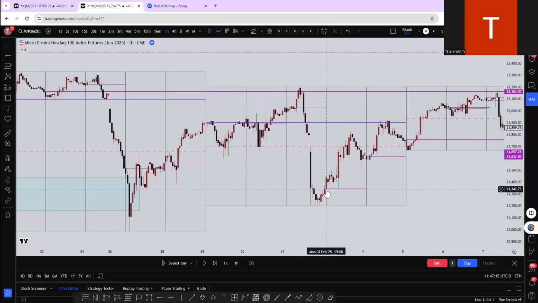Even this random day, 2 a.m. opening price, tap and go. This day opens, we look left, we've got a large expansion down. So it's permitted and likely that we may get a retracement. So when we start our day at 8 o'clock, which is right here, we can trade accordingly.